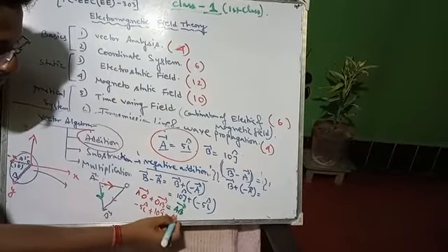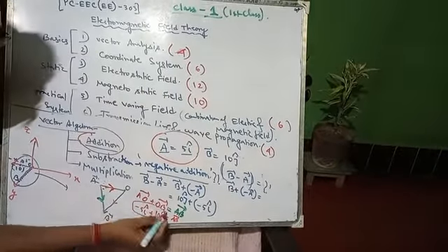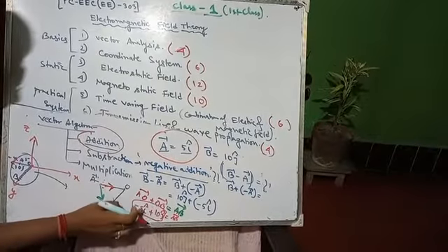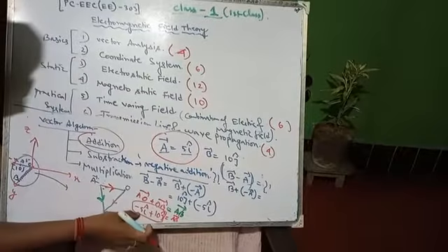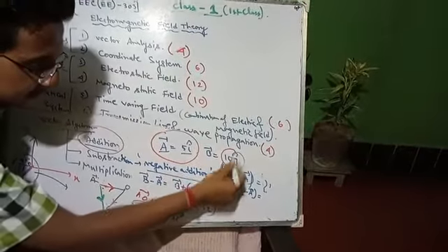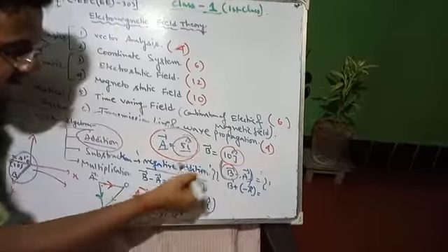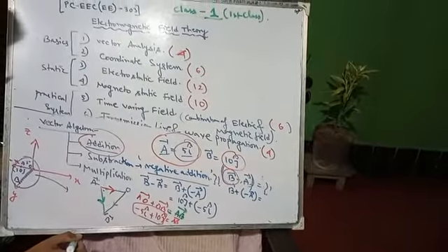So minus 5 i cap plus 10j cap will be your answer. See, automatically it is subtracted: 10j cap minus 5 i cap. So this is B vector minus A vector. We have to find 10j cap, B minus A, that is minus 5 i cap. So automatically it has been written.